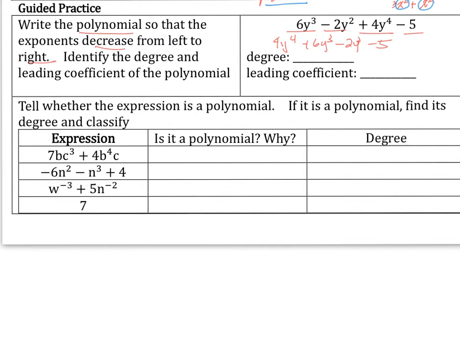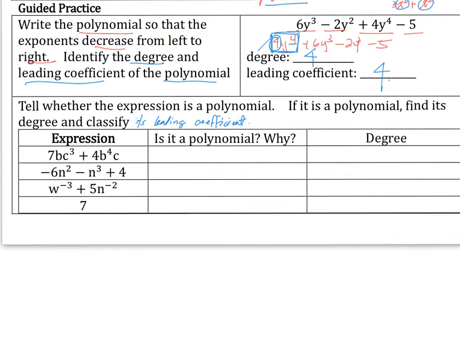Now to identify the degree of this polynomial, we are to look at the term with the greatest exponent, which is 4y to the 4th power. So 4 would be your degree. And to identify the leading coefficient, we would also look at the first term here with the greatest exponent, and 4 will be your leading coefficient as well.